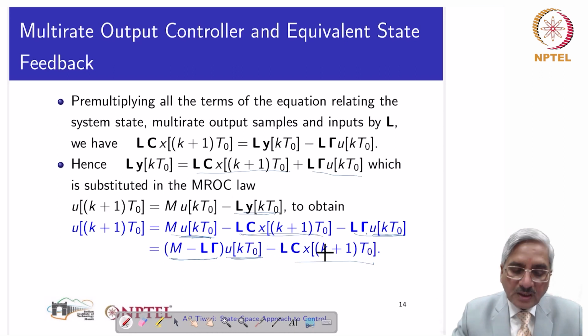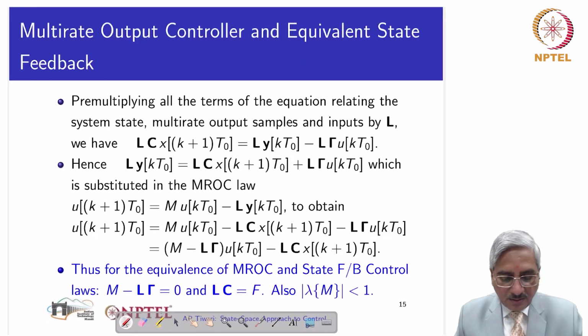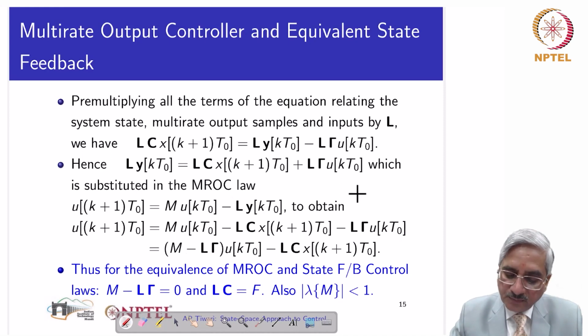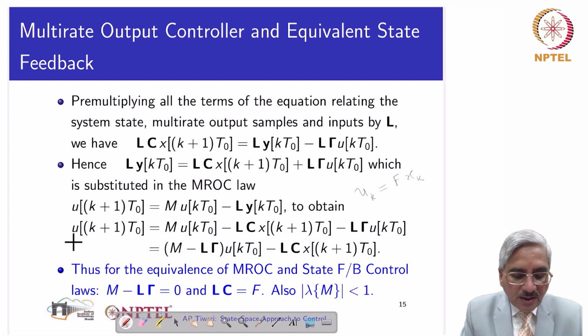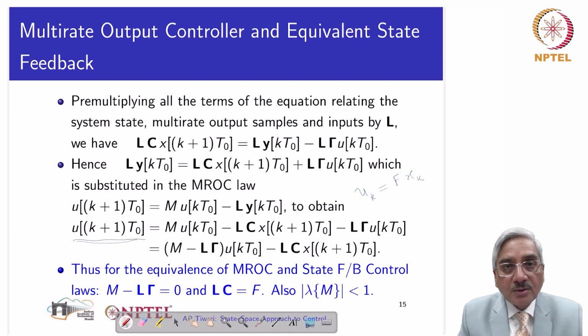Now from this we see a very interesting equivalence between this and the state feedback. State feedback was u(k) equal to F x(k). Now we see that u(k+1) T0 equals LC x(k+1) T0 if this one is 0.